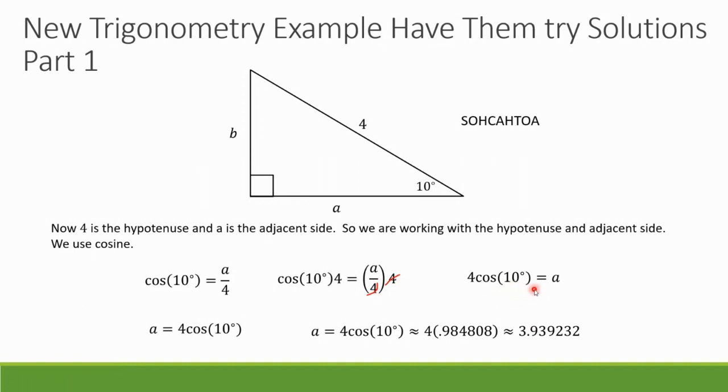Now from here, we want to get A. I like to put the unknown on the left side of the equal sign, though you don't have to. For 4 times cosine of 10 degrees, you need to use your calculator. Cosine of 10 degrees is the 0.98 stuff, multiplied by 4, and this is where we get A. It's about this.